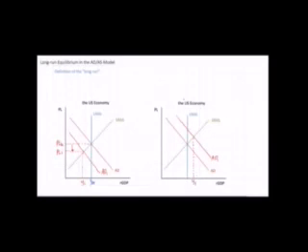So output increases from our full employment level of output of YFE to our new equilibrium level of output of Y1. Additionally, there is demand pull inflation, which we defined in our last video on aggregate demand and aggregate supply shocks, as the equilibrium price level in the economy goes from PLFE to PL1.